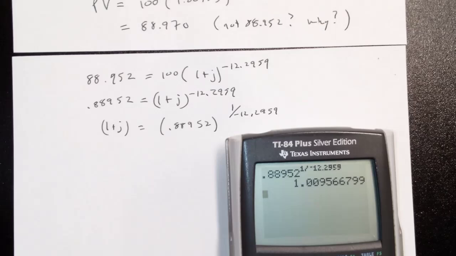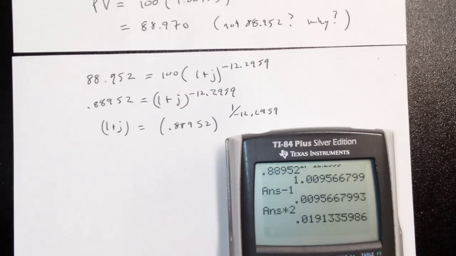That's the 6-month rate. So let's subtract off the 1 and multiply by 2. It's not 1.91, it's 1.9133. They rounded off on the table.